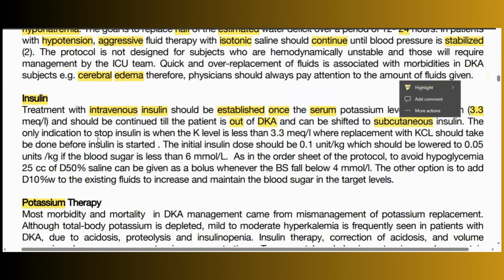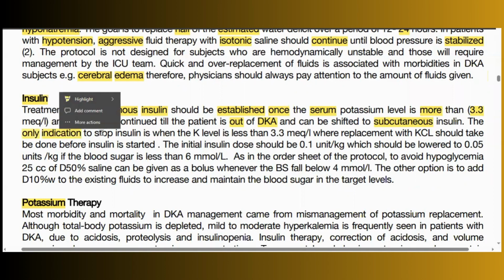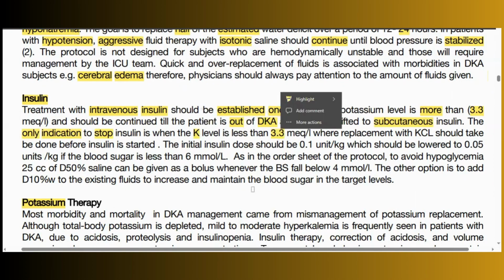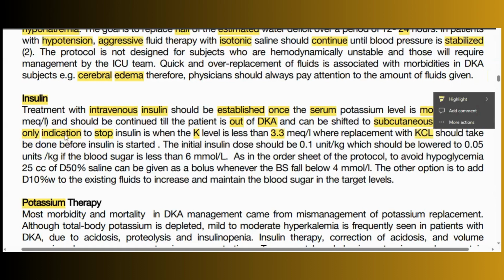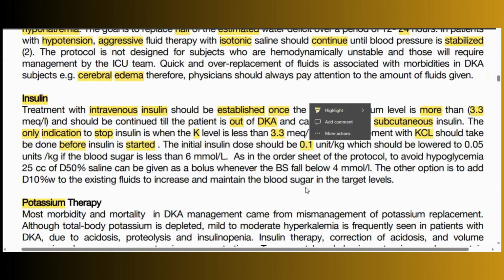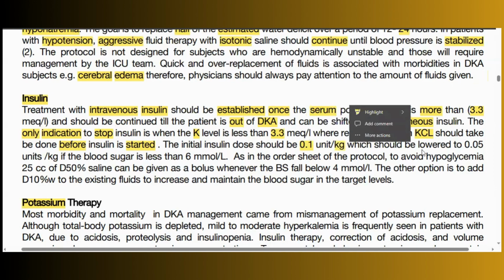The only indication to stop insulin is when the potassium level is less than 3.3 milliequivalent, where replacement with potassium chloride should be done before insulin is started.